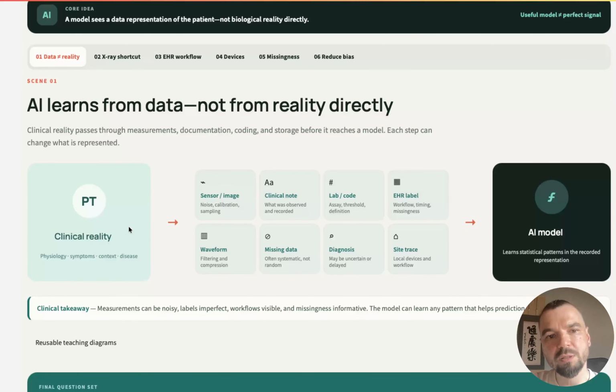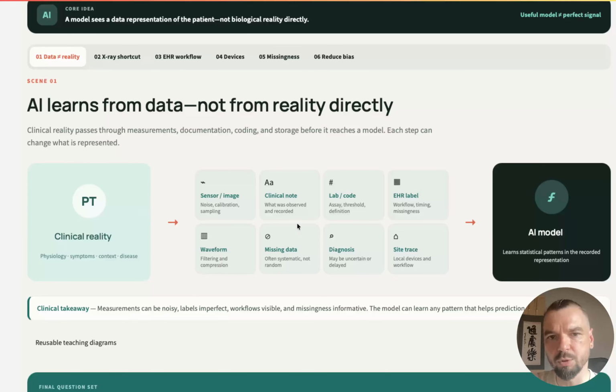So the point is, we have a patient, we have some clinical reality with physiology, symptoms, some history, some disease, and we have some measurable things like images, sensor data, clinical notes, codes in the EHR. We have some diagnosis, and some waveforms from measurement. But we also have some missing data.